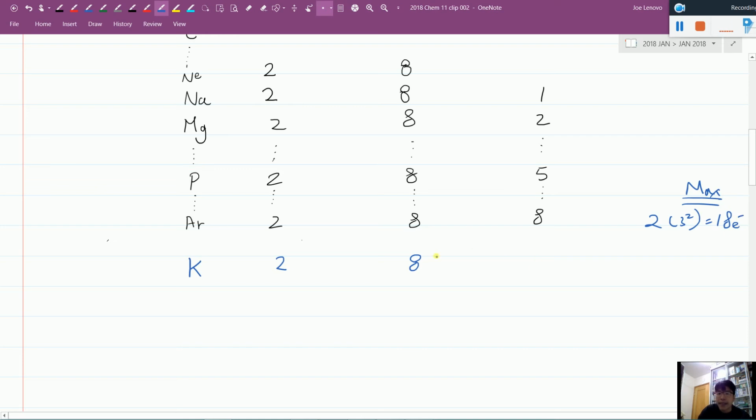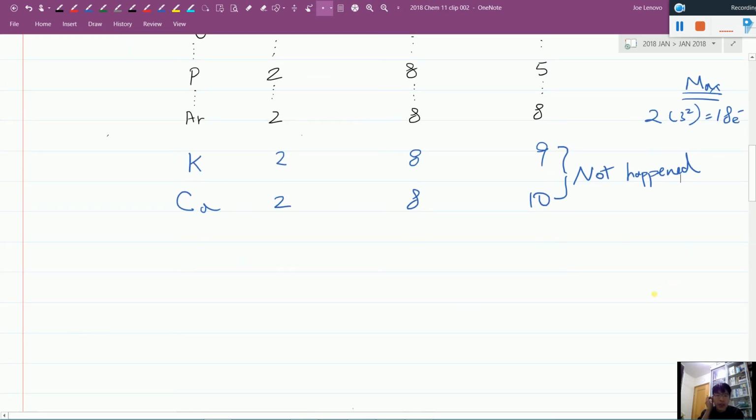So you would expect 2, 8, and 9 for the nineteenth, and calcium would be 2, 8, and 10. According to the Bohr models, that fits perfectly. But in observations, we realize that neither of them happens. It's not doing what the Bohr model predicted.